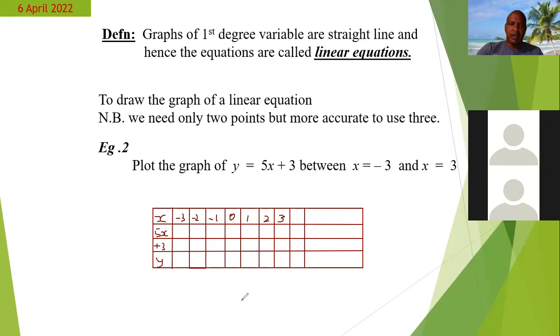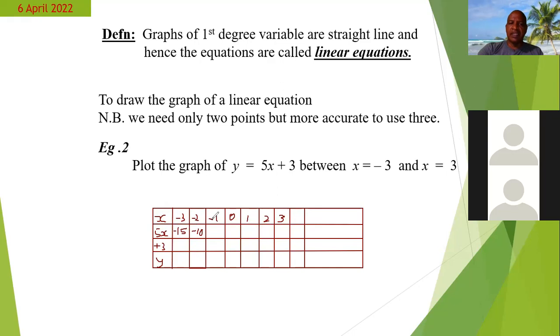Now, for the calculation of the row below the x row, which is the 5x row, we multiply each of these x values by 5 and put it in this row. So 5 times -3 gives you -15, which is your first 5x. Next, 5 times -2 gives -10.